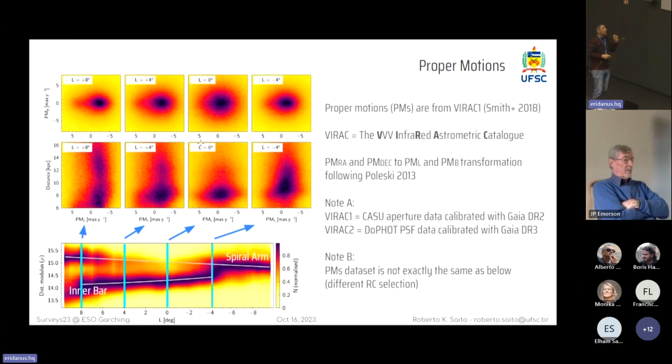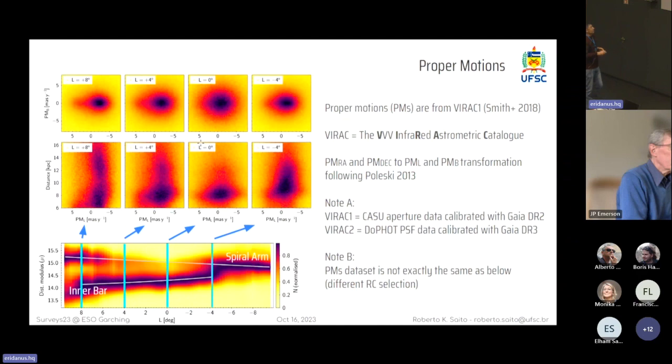But I have some caveats, because this analysis was made with obsolete data: the CASU aperture data calibrated with DR2. This was made by Leigh Smith a few years ago. But as Martin said, there is a new version of this catalog using PSF data by Javier, much more accurate and calibrated with Gaia DR3.